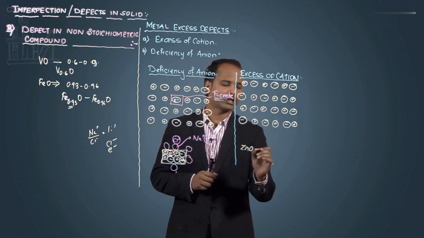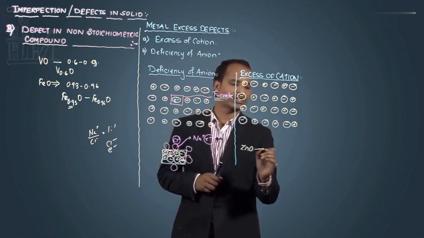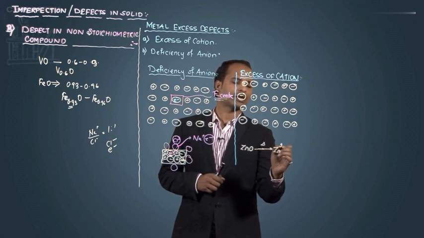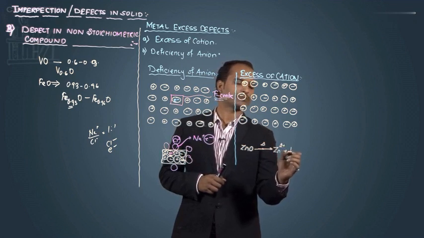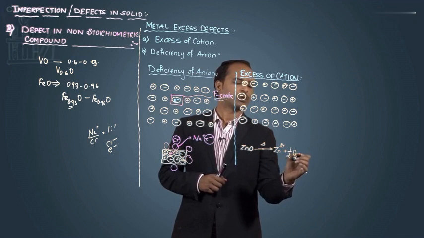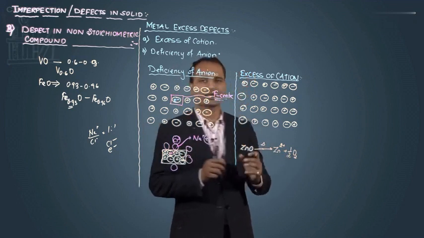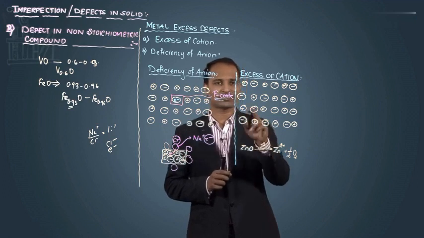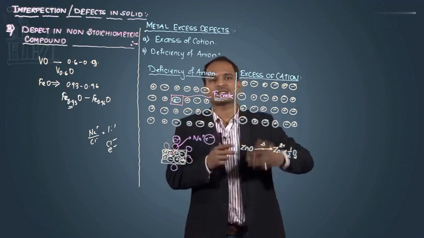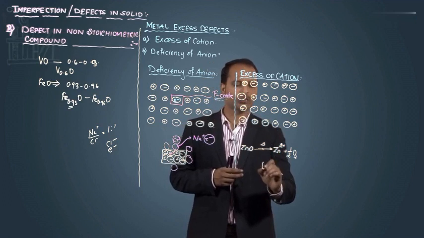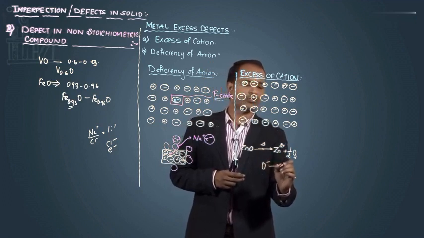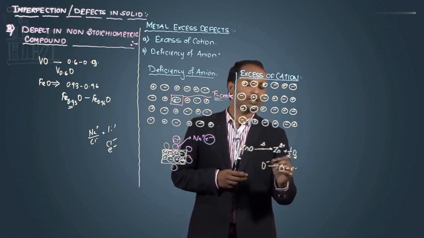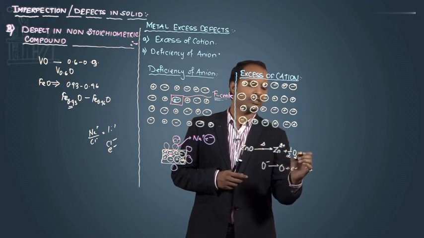Now what happens during heating? When the zinc oxide is heated at a very high temperature, the zinc ion and oxygen are formed. It was Zn 2+ and O 2-, and the oxide ion undergoes an oxidation process and gets converted into O. The electron which is lost is here.